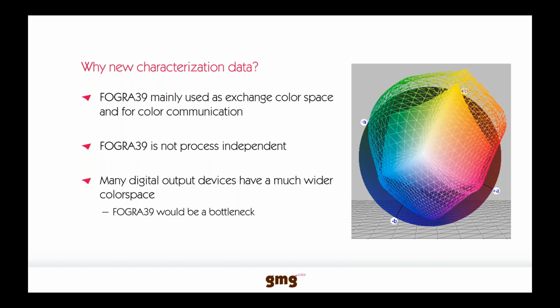Another point is that FOGRA39 is already outdated. It has been replaced by FOGRA51, which is the actual description of a print according to ISO 12647-2 on coated paper. So FOGRA39, when used as an exchange color space, is a bottleneck.